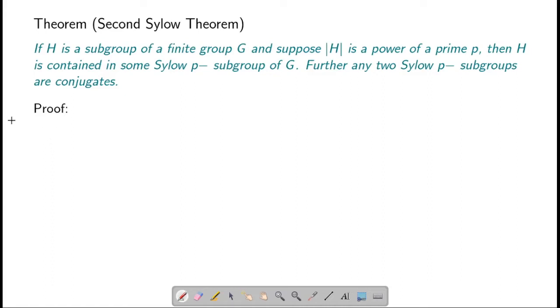So let us start with a Sylow p-subgroup. We know that a Sylow p-subgroup exists by Sylow's first theorem.